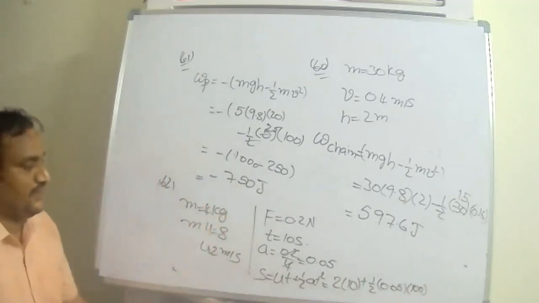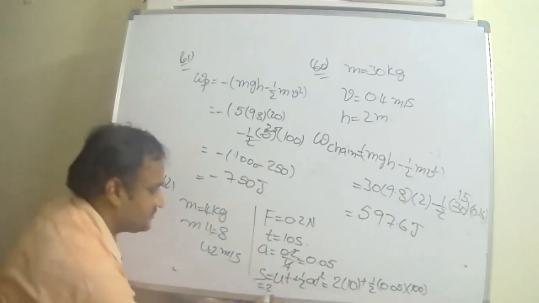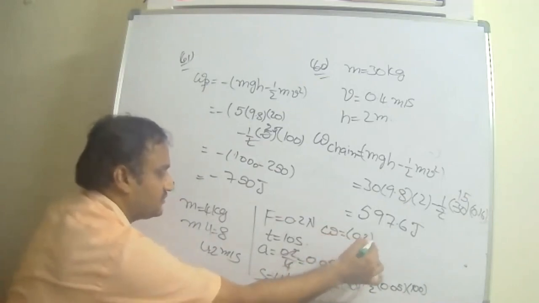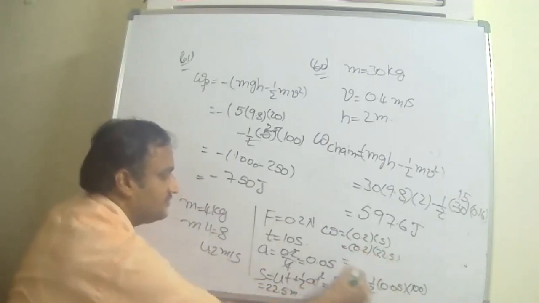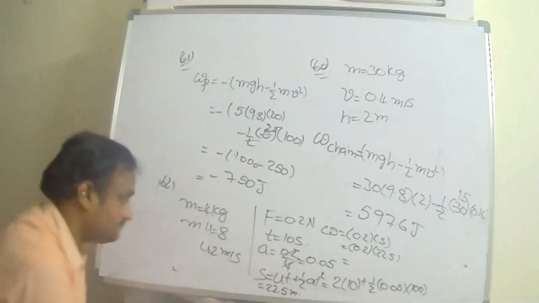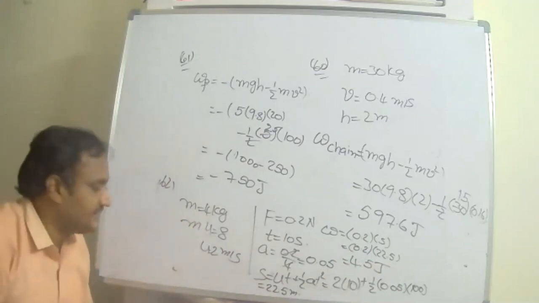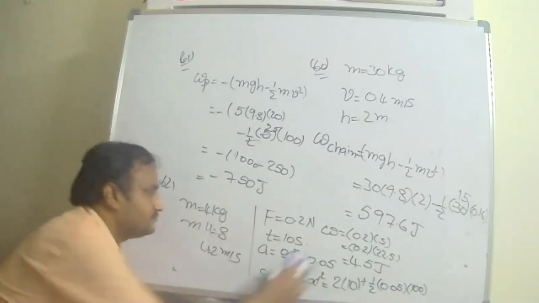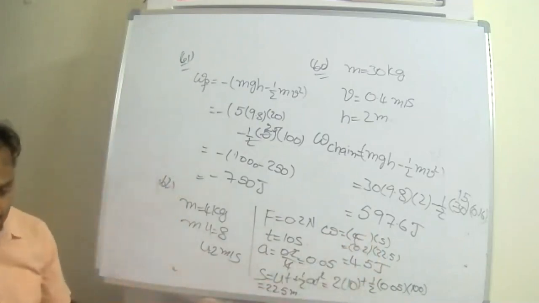So 100 into 0.05 by 2 is 2.5, so 22.5. Displacement is 22.5 meters. So change in kinetic energy is equal to force into displacement. So 0.2 into 22.5, which is 4.5 joules. Instead of change in kinetic energy, we find force into displacement, work done. F into S. Okay?